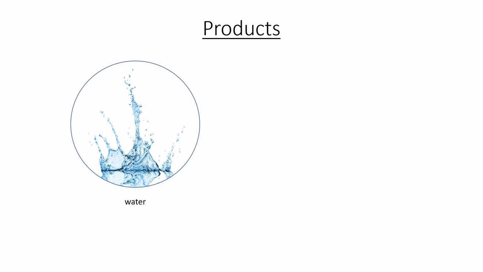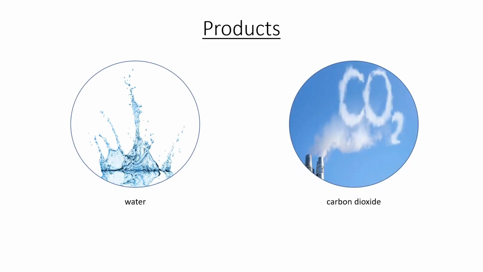Let's have a look at the products. Two major products, water and carbon dioxide. And of course, the major one that I didn't list there is the energy that it produces. The reason I didn't put it down here is because it's not technically part of the equation. In chemistry, in science, we don't put down energy in our chemical reactions.